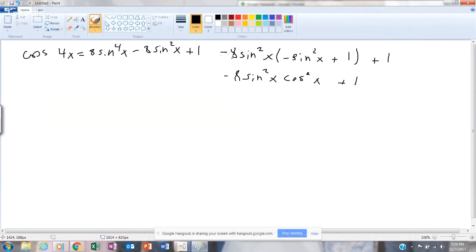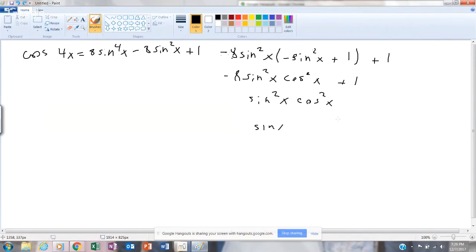Then we also know that sine squared of x times cosine squared of x can be rewritten as (sine of x cosine of x) squared.